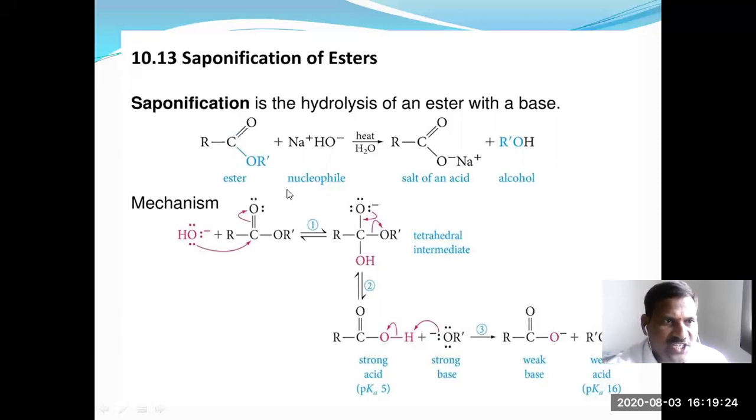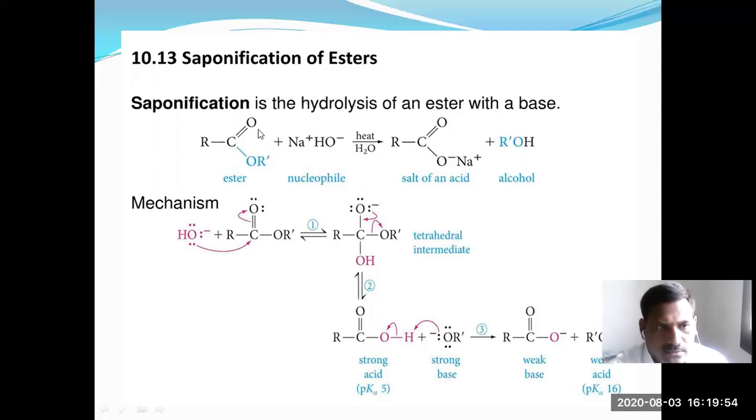So, saponification of esters. Saponification is the hydrolysis of an ester with a base, sodium hydroxide. Ester reacts with sodium hydroxide, with loss of water, and the salt of an acid and alcohol are formed.